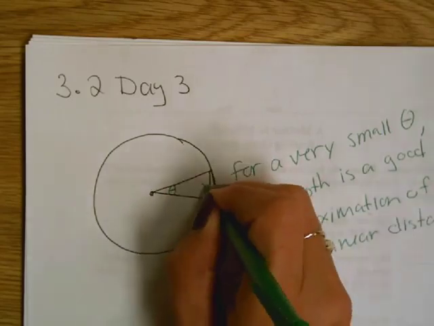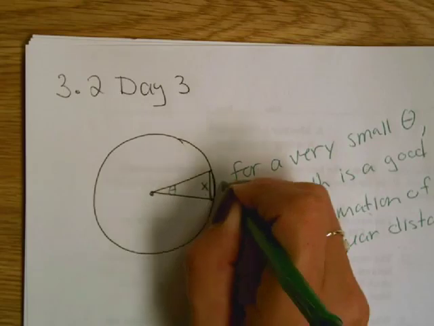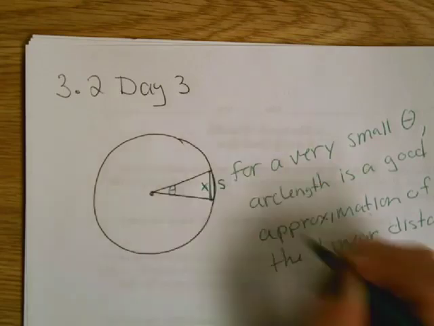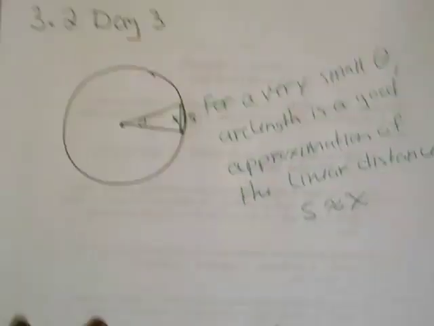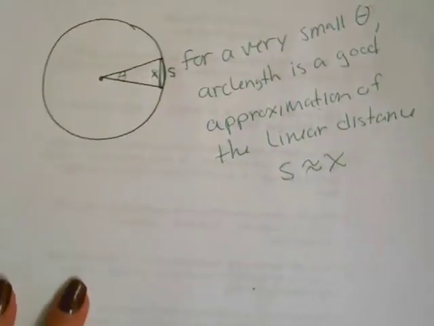So if I call the linear distance x and the arc length s, s is about equal to that linear distance. Small difference.